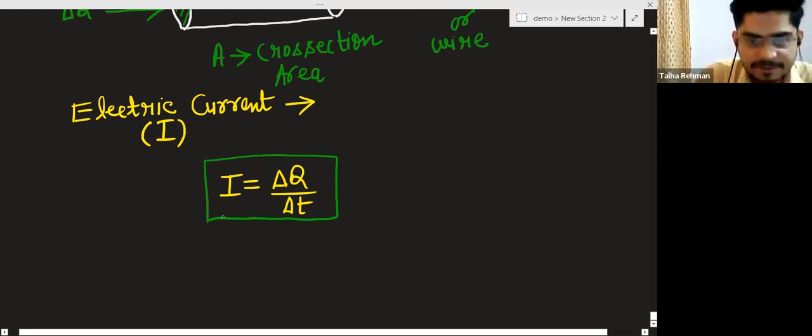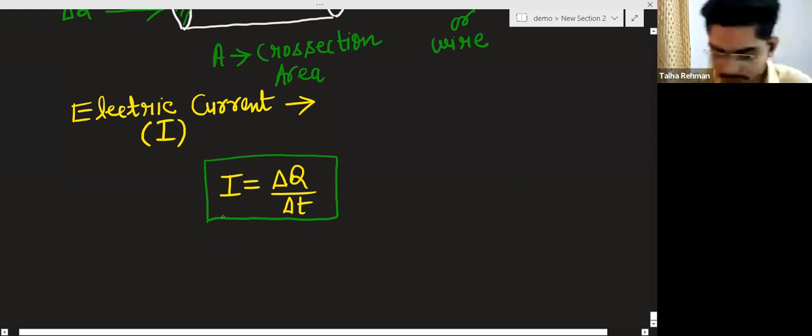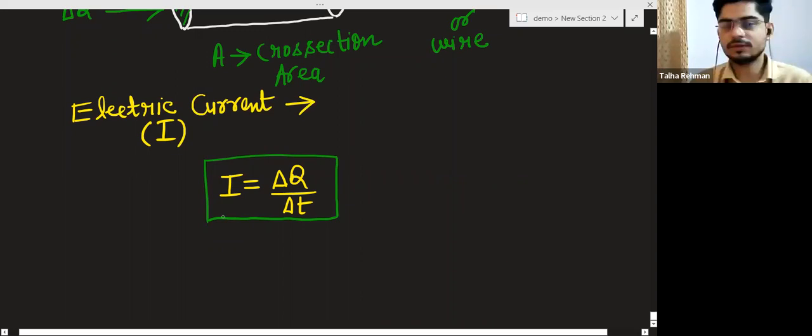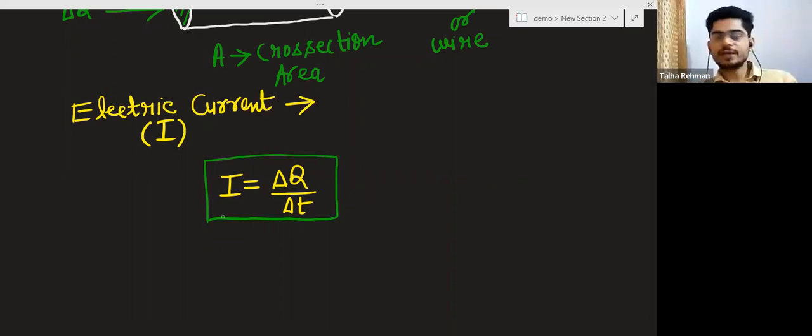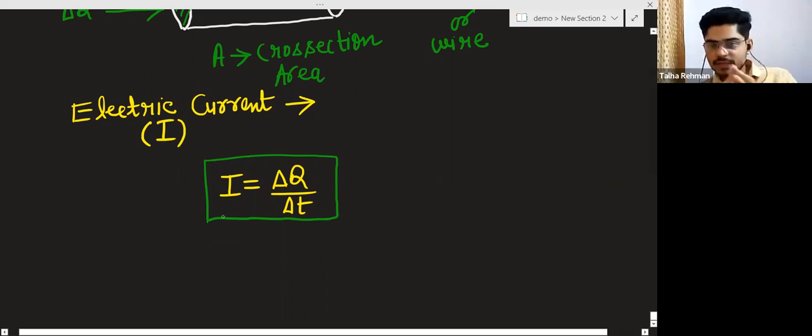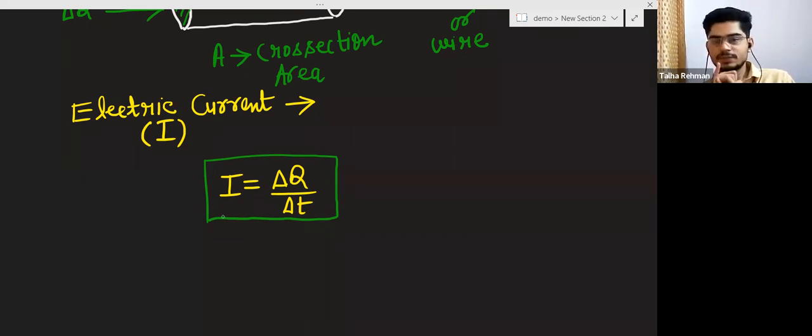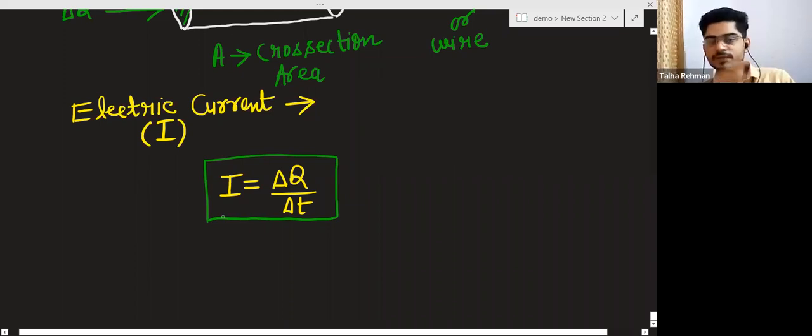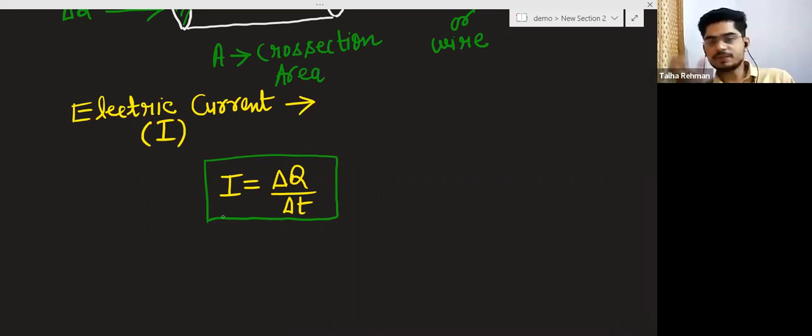One thing I want to clarify here: in 11th class, we have average velocities and instantaneous velocities. Average velocity is when we measure the velocity for a certain period of time, and for an instant of time, the velocity is instantaneous velocity.